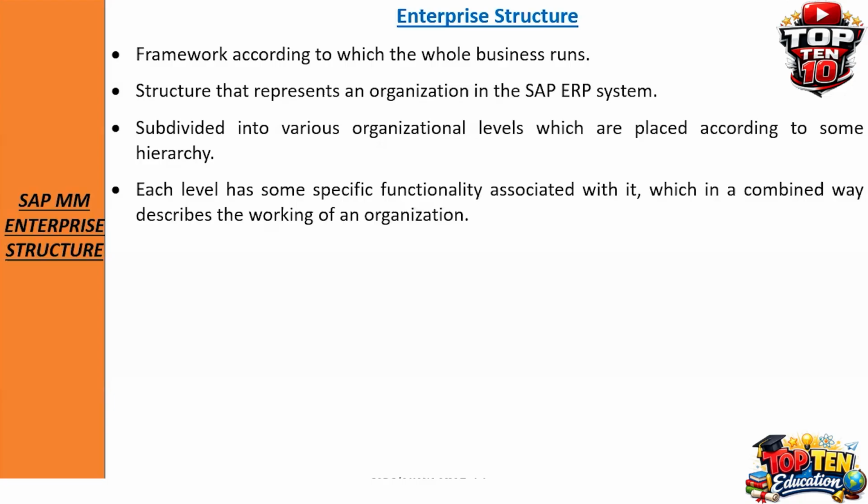One company can be a group of company codes. One company code can be a group of a number of plants, working centers. So like this, every sub-organizational unit has one place according to the hierarchy. And each level has certain specific functionalities to be carried out associated with it.